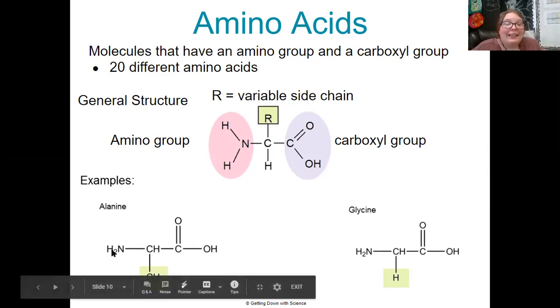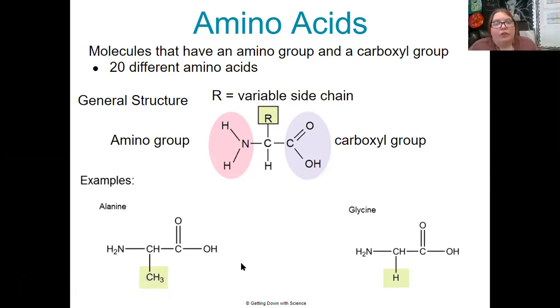So this one's alanine. We've got our H2N, the amino group. You've got your carboxyl group to the right, that COOH. And then the rest of it is considered a side chain. Then we can look at glycine.